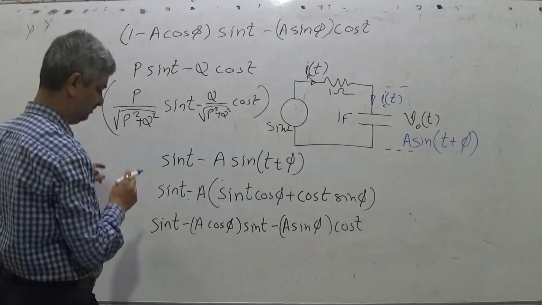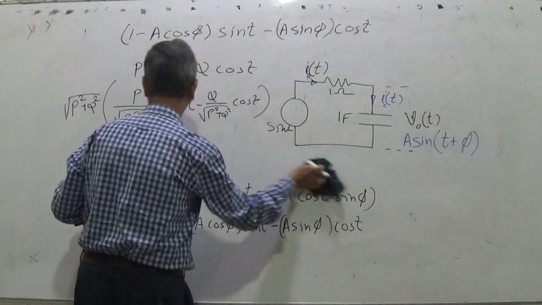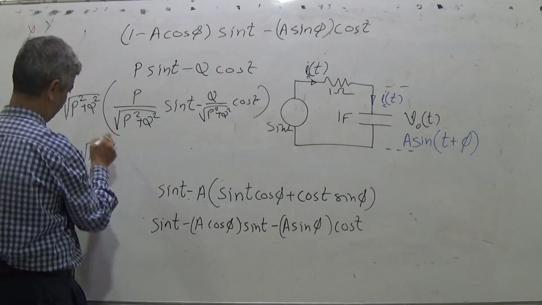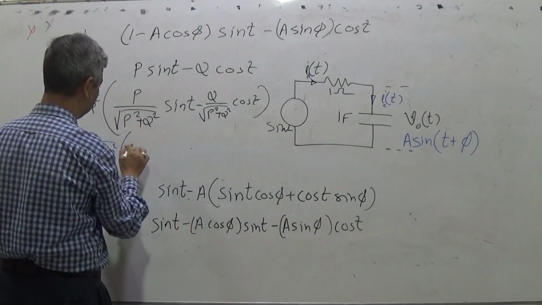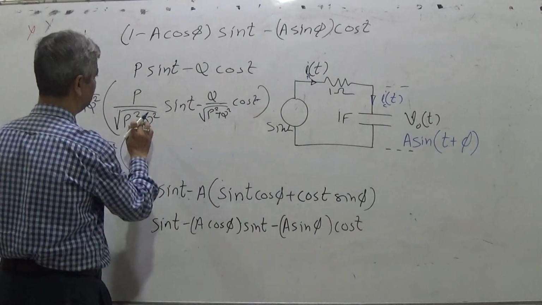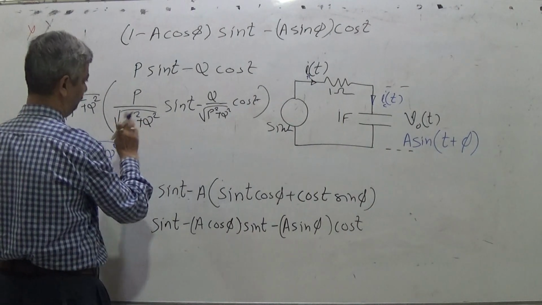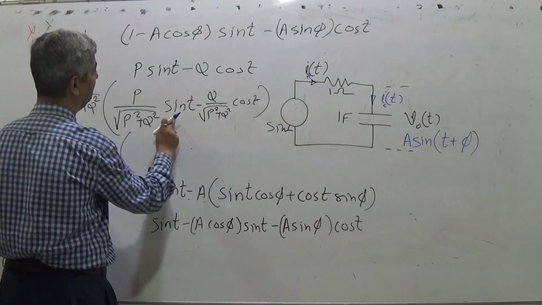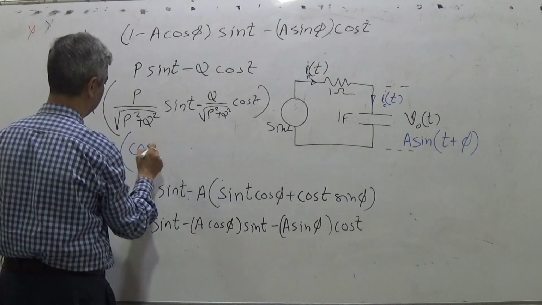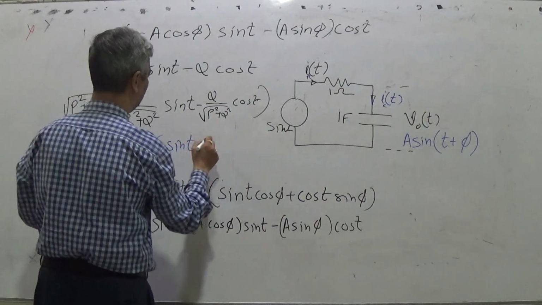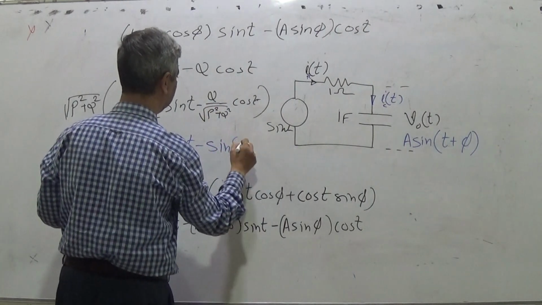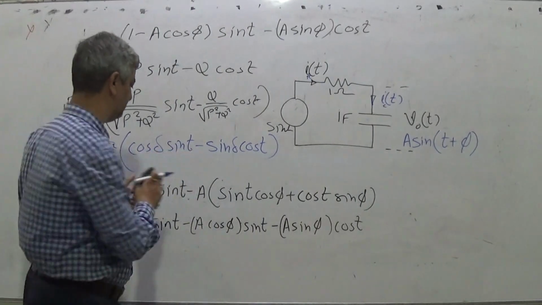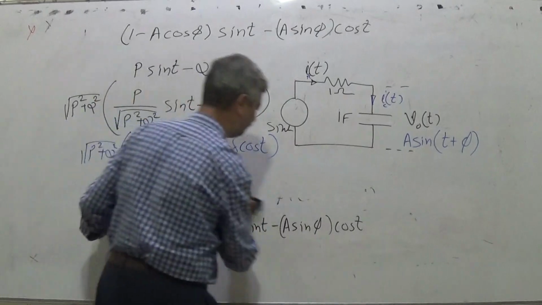Now you can assume, you have freedom, cos delta sine t minus, obviously, sine delta cos t.